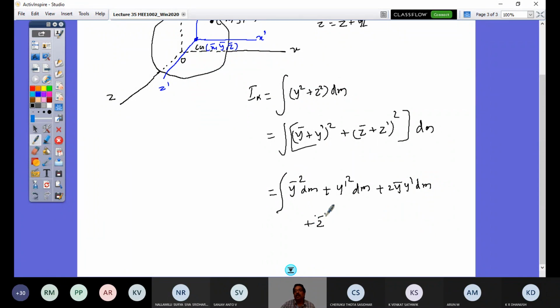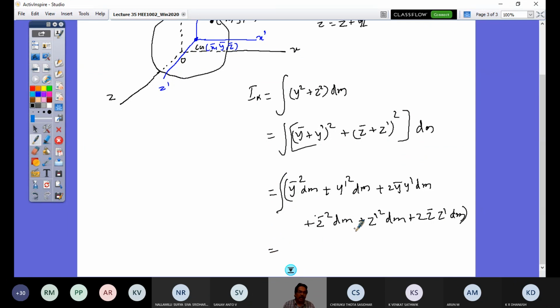Plus z bar square dm plus z dash square dm plus 2 into z bar into z dash into dm. This is all individual integrals, or I can take this dm out and have one integral outside.